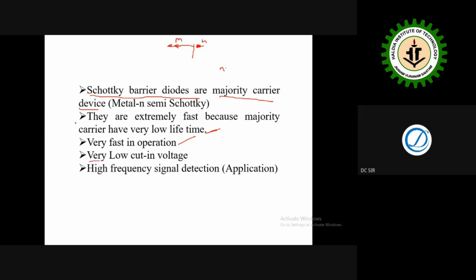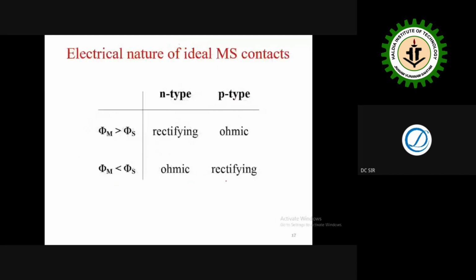So the cut-in voltage is very low. High frequency signal detection is the application of this diode.